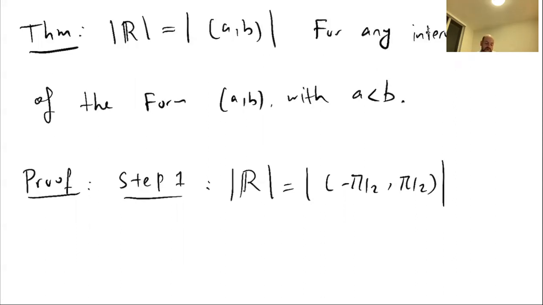So minus pi over 2 and pi over 2 is one of the intervals of the form A and B. But why do you think I'm choosing this particular interval, minus pi over 2 to pi over 2? The answer is because for this particular interval, I am able to construct a bijection from minus pi over 2 to pi over 2 to all real numbers.